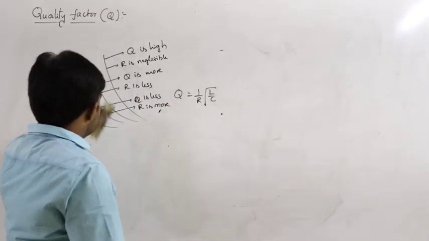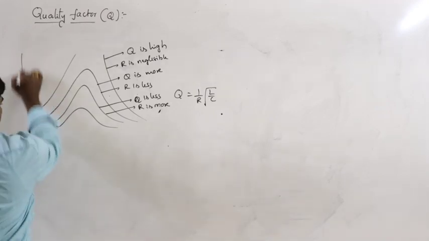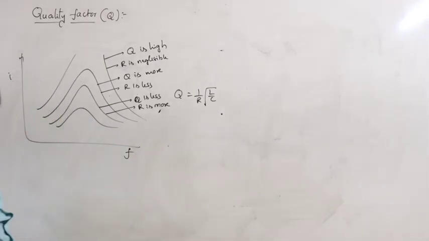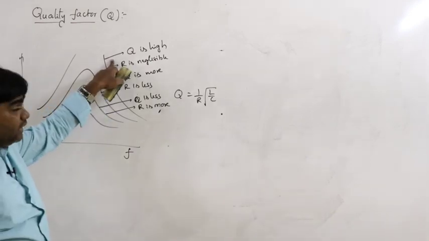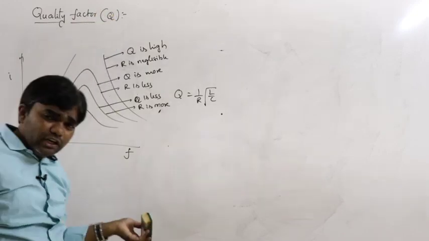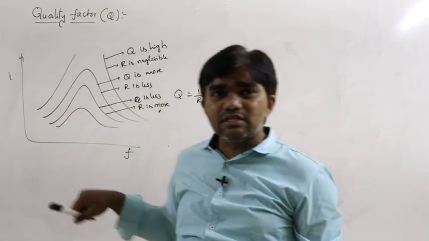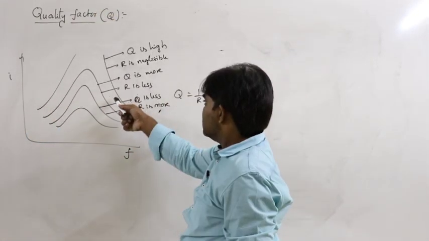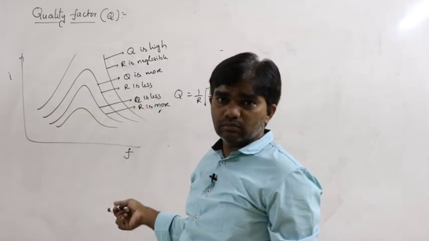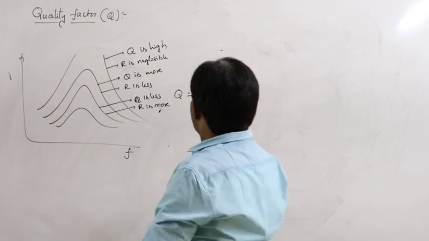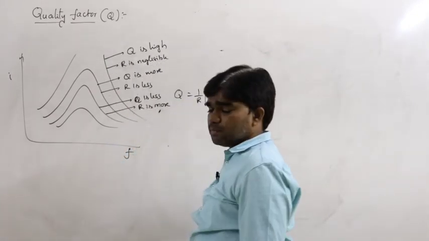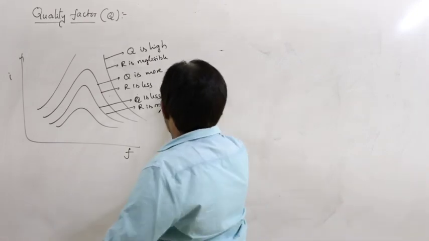This is the shape of a graph between current and frequency. The quality factor indicates the sharpness of the curve. If the sharpness of the curve is more, the quality factor is also more and the resistance is less. Q is more, R is less, then Q is less, R is more. Q is equal to 1 by R root L by C. Quality factor is inversely proportional to resistance.